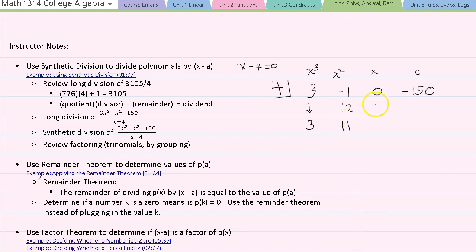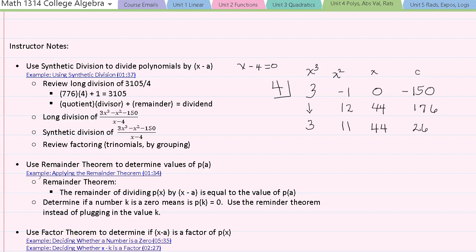Now multiply 4 times the 11 and place the 44 under the next number and add. 0 plus 44 and we get 44. Now multiply 4 times 44 and place 176 under the last number and add. -150 plus 176 and we get 26.